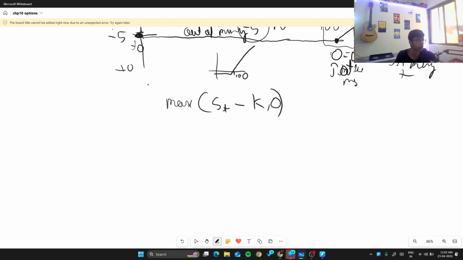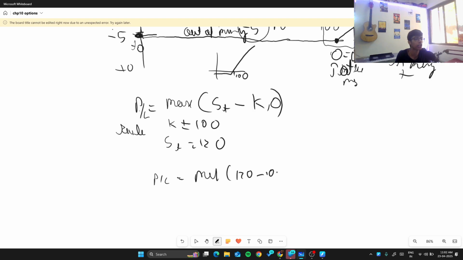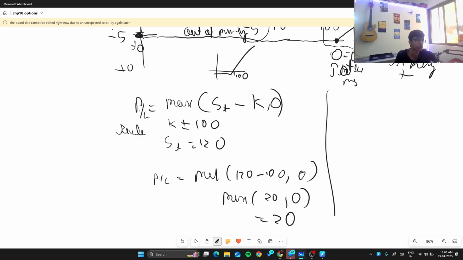So let me tell you, case 1: K is 100 for simplicity, and ST is 120. What will be our profit? Our profit will be 120 minus 100 equal to 20, and it is the maximum of 20 and 0. Between 20 and 0, 20 is the maximum, so it will be a profit of 20, right? Simple.